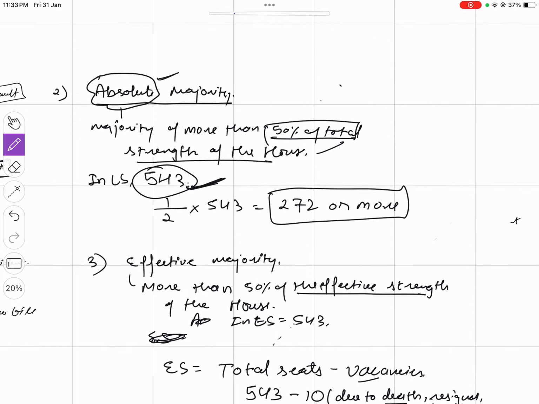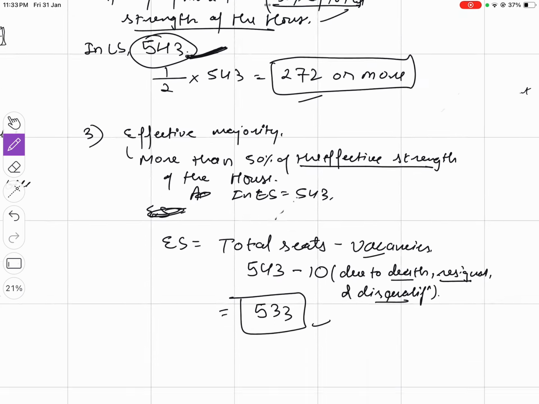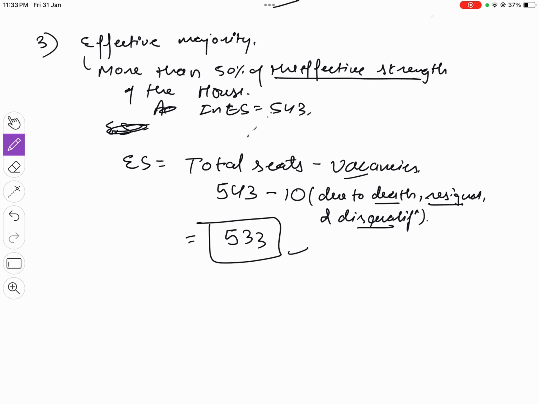In absolute we were talking about the absolute number. Doesn't matter about your vacancies, your absolute strength is 543. Half of it, 272 or more. So that is absolute. And in effective majority, we are subtracting the number of vacancies: 543 minus 10. I am assuming this is just an example. These vacancies are due to death, resignation and disqualification, only these 3 scenarios.